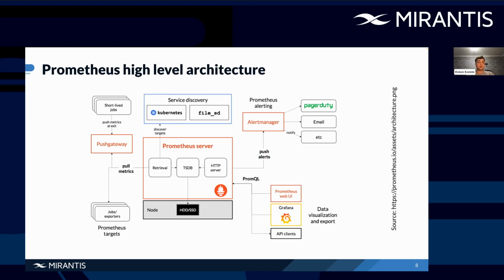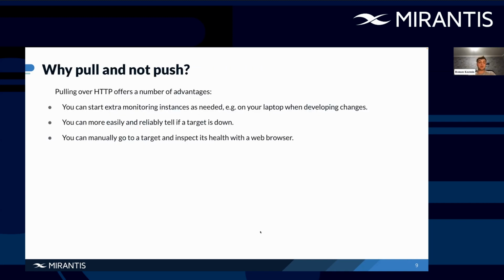So as was discussed earlier, Prometheus uses a pull model to collect metrics. Probably you're thinking why it uses pull rather than push. Pulling over HTTP offers a number of advantages.